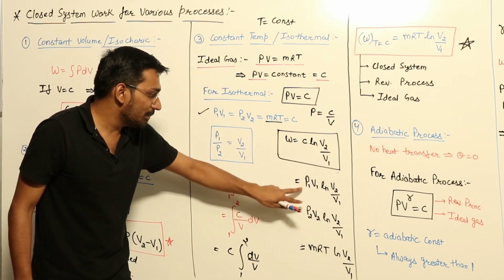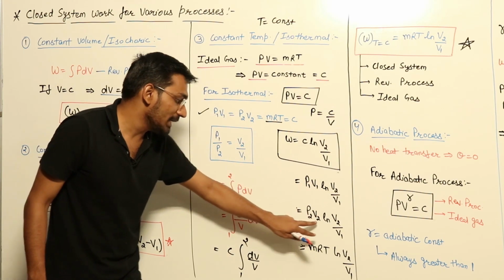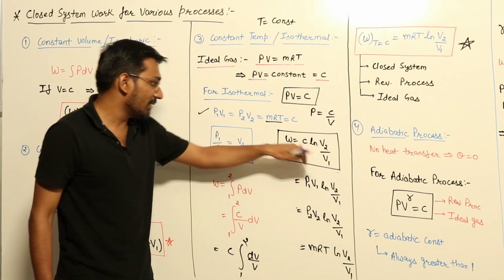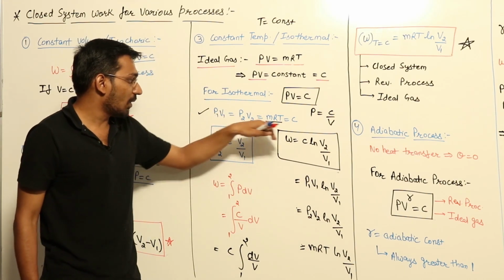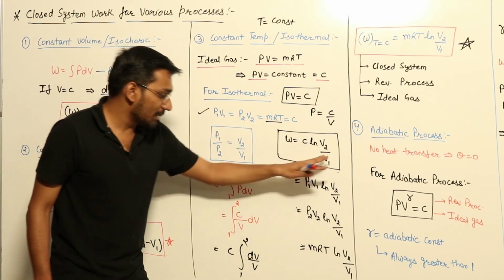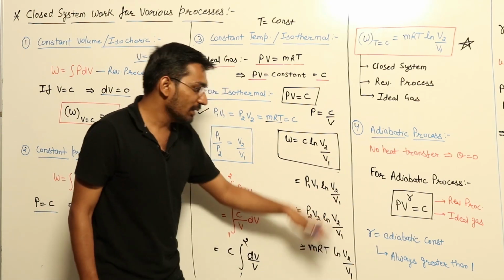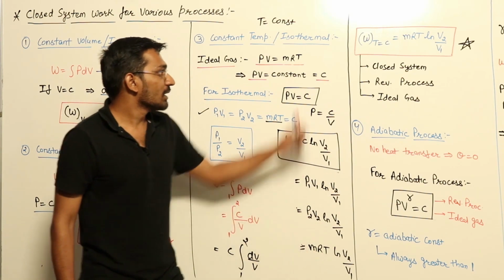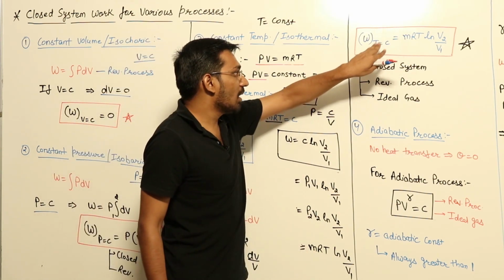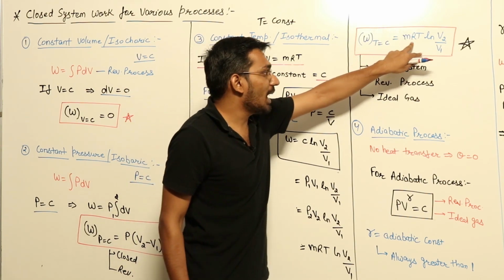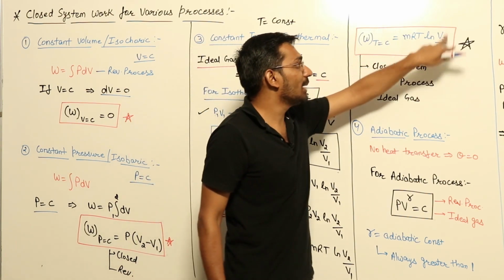So C will be P1V1, it may be P2V2, it may be MRT. I am just substituting the value of C. All three are equal. So work done in a constant temperature process will be equal to MRT ln V2 by V1.